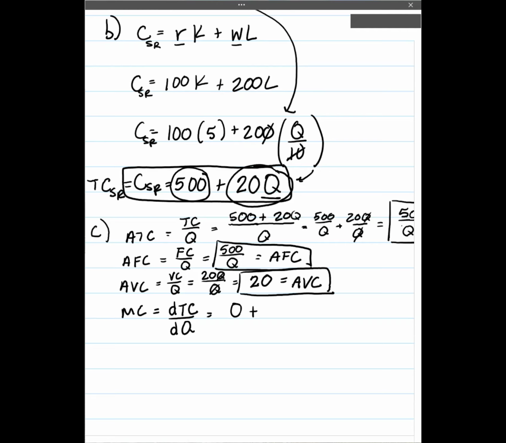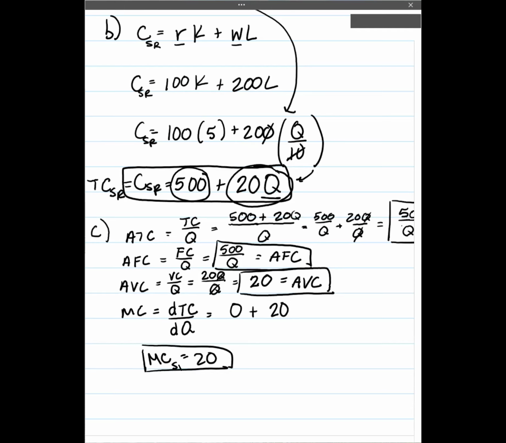Q has a 1 exponent, so we'll have 20 times 1. And then 1 subtracted from the exponent on quantity is going to give us quantity to the 0 exponent, which, any base raised to the 0 exponent goes to 1. So we're left with, again, 20 times 1, which is just 20. So we have that the firm's marginal costs in the short run are constant at 20.